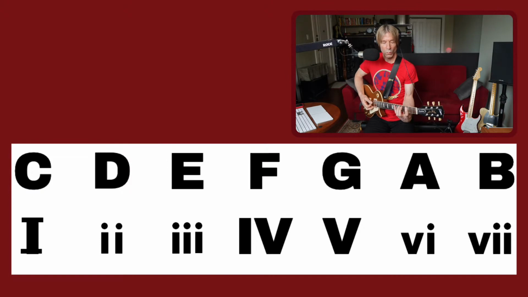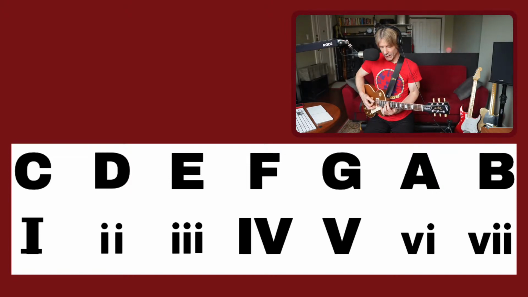So if it's to play 1, 2, 3, 4, 5, 6, 7, back to the root again. There are chords that relate to this as well. The C is the 1 chord, D minor is a 2 chord, E minor is a 3 chord, F major 4 chord, G 5 chord, A minor 6 chord, B half diminished, back to the root again.